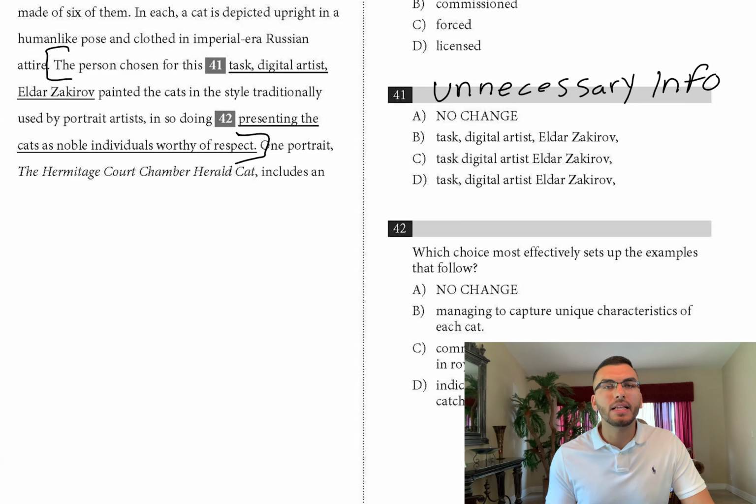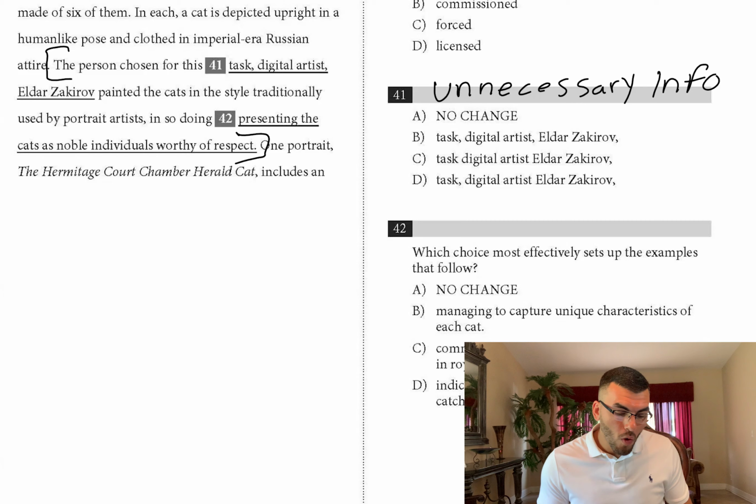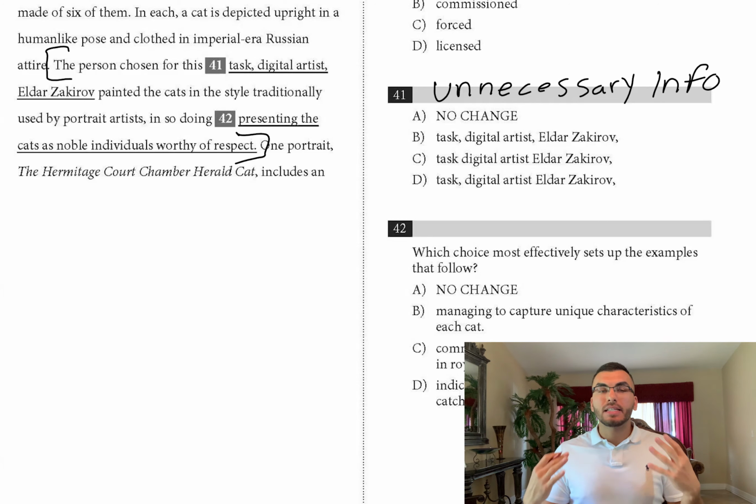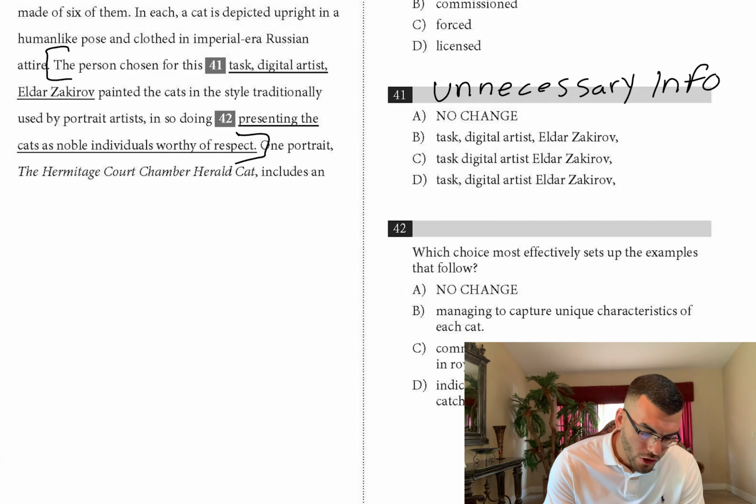I must be dealing with unnecessary information. So I want to find what information is considered unnecessary. What can I surround with commas, reread the sentence, and the sentence would still make sense if I left out that piece of information? So the correct answer is D.